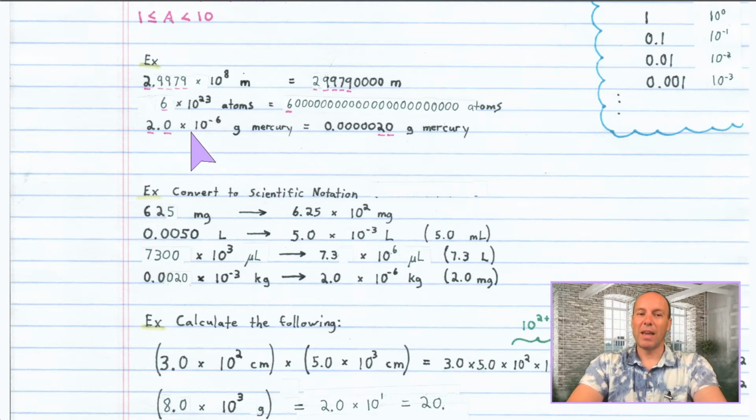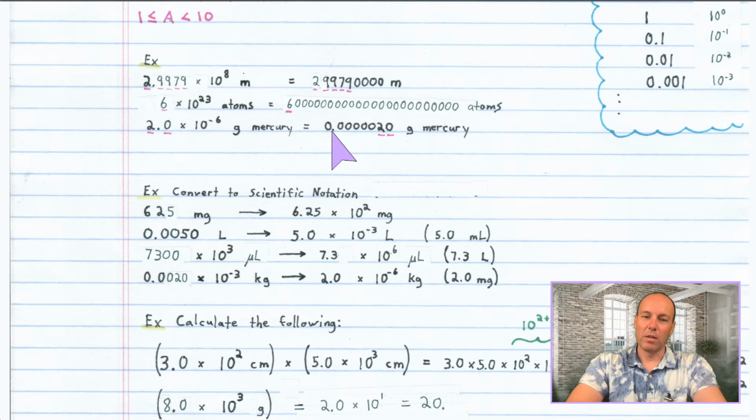Instead of moving the decimal place that way, which would give us a very large mass of mercury, we have to move it the other way to give us a small mass, because this is a small number. So when you have 10 to the negative 6, you move your decimal point to the left 6 positions to get 0.000002 grams of mercury.